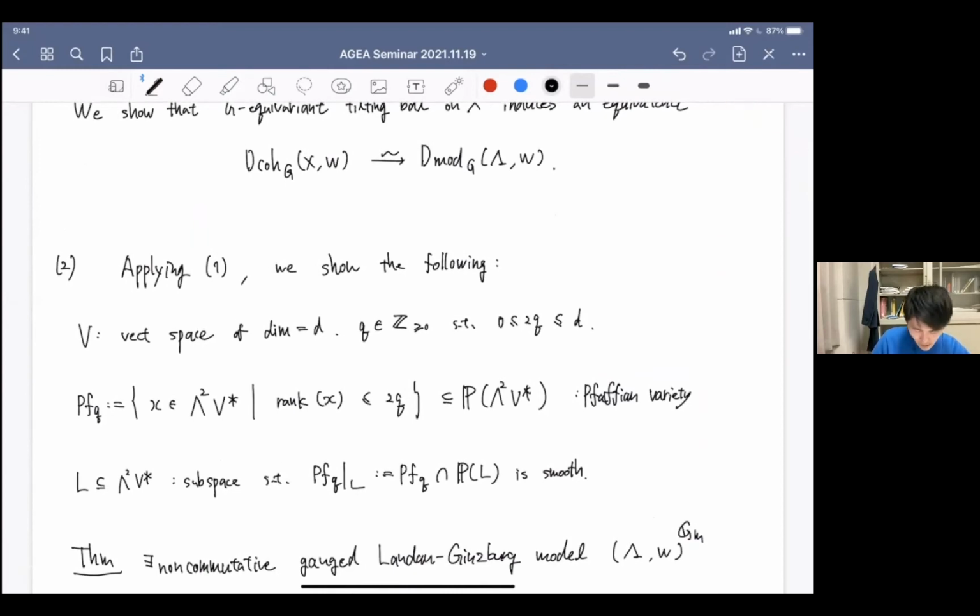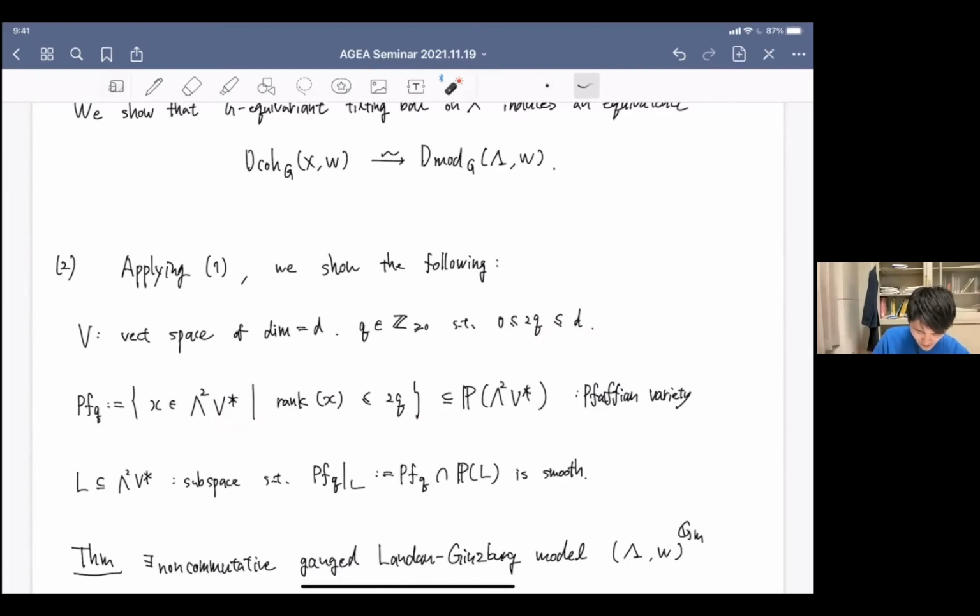Let V be a vector space of dimension d, and let q be a non-negative integer such that this condition is satisfied. And let PF_q be a Pfaffian variety. This is defined in this way.